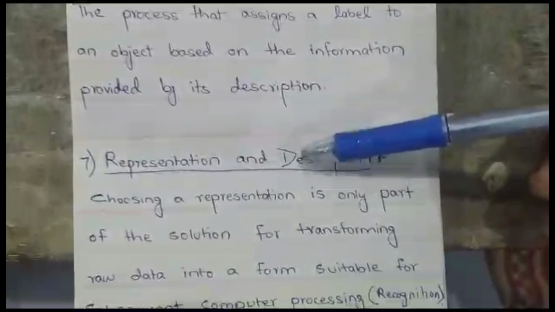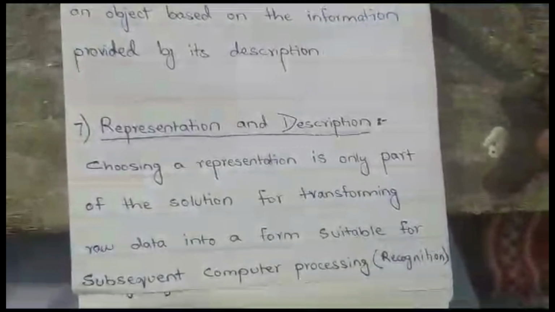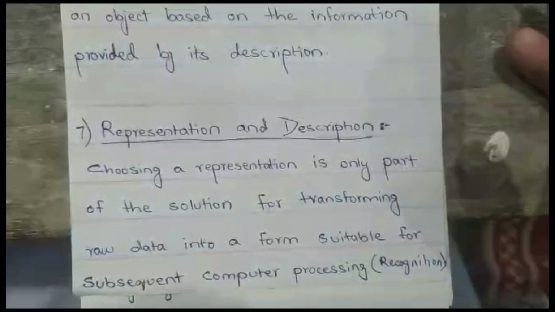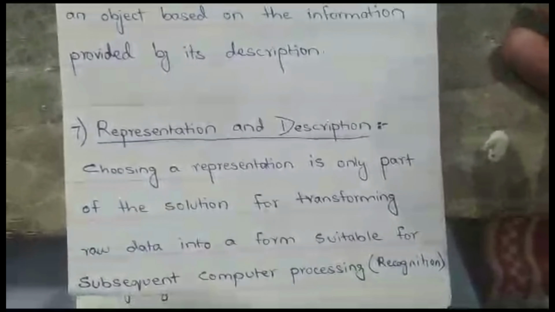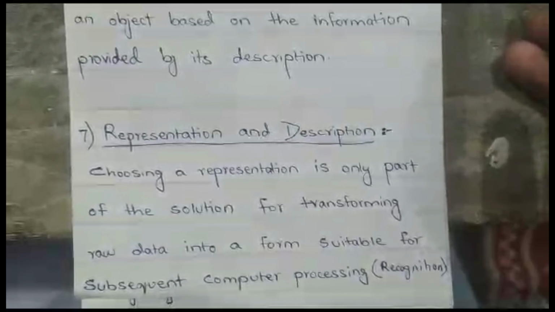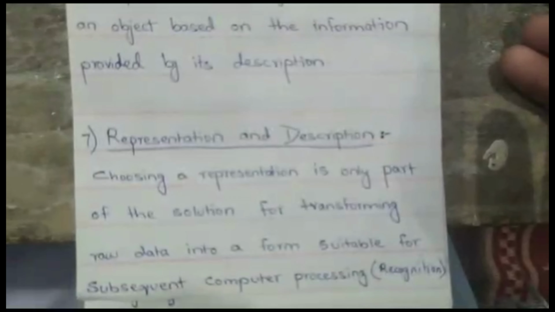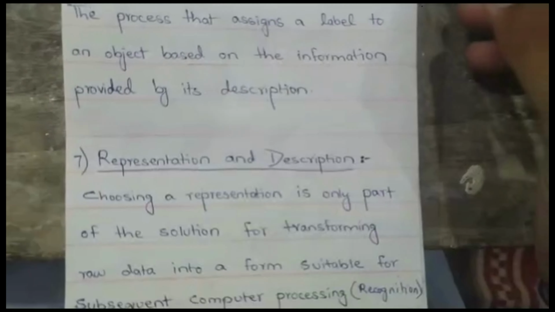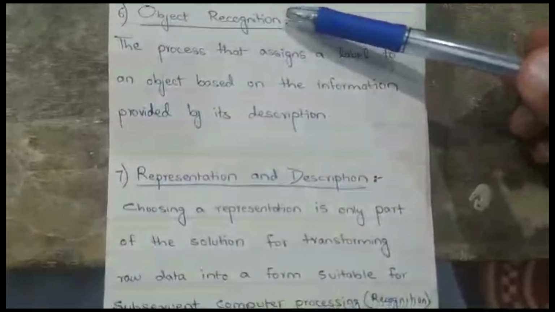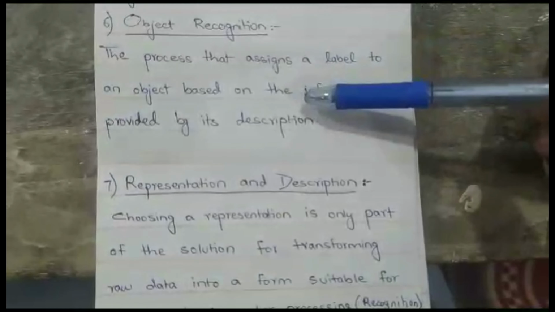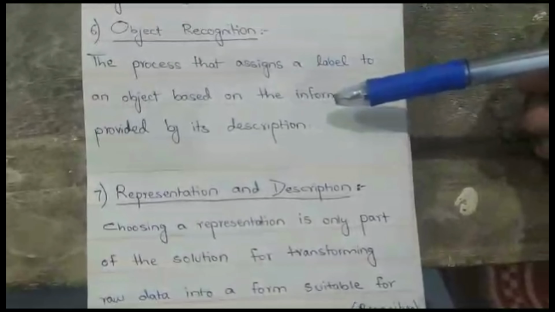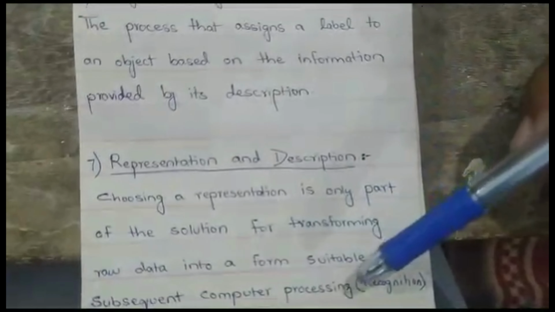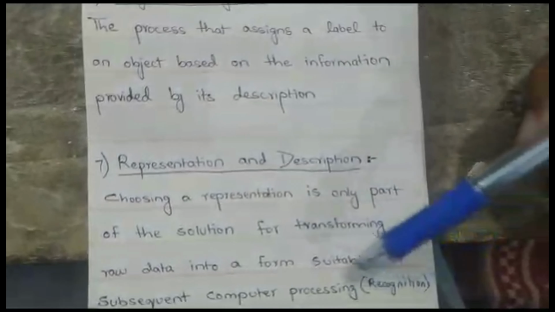Afterward we come to the representation and description part. Choosing a representation is only part of the solution for transforming raw data into a form suitable for subsequent computer processing. If your image is divided into parts, you would join those parts for subsequent representation for some recognition applications.